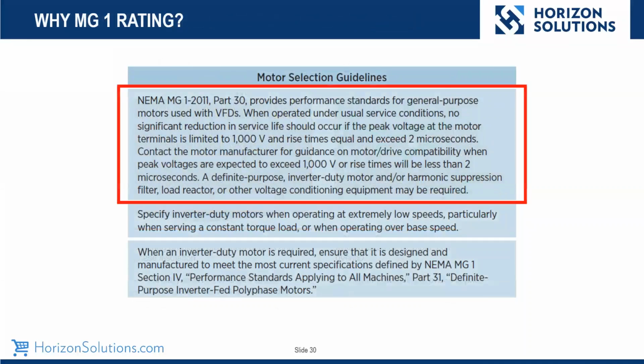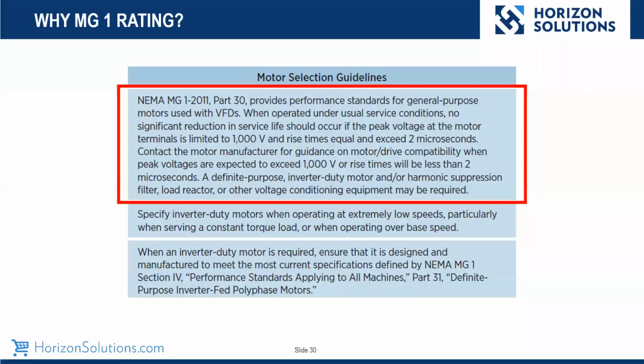All right, and once again with the MG rating, please look at part 30 and part 31. They get into voltage ratings. I won't really get into it too much, but once again, you can see it's the volts and the amount of microseconds it takes to switch and get to the maximum voltage.